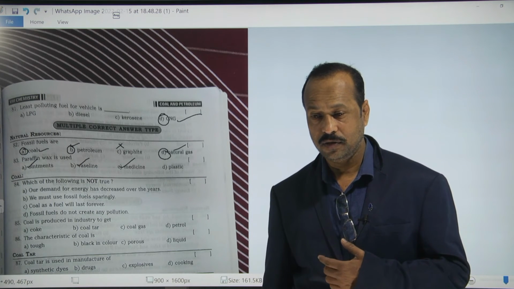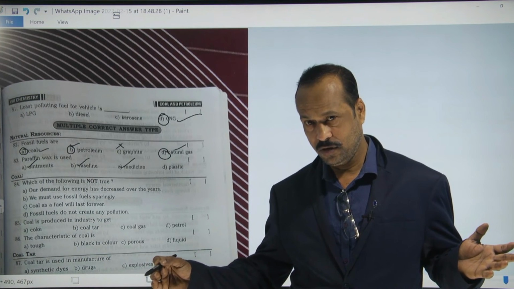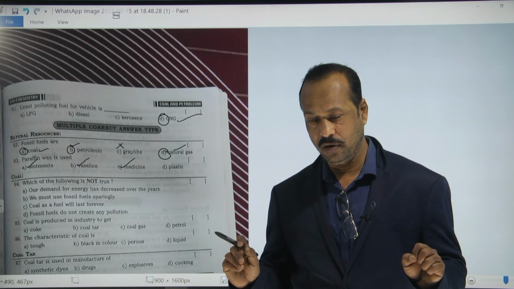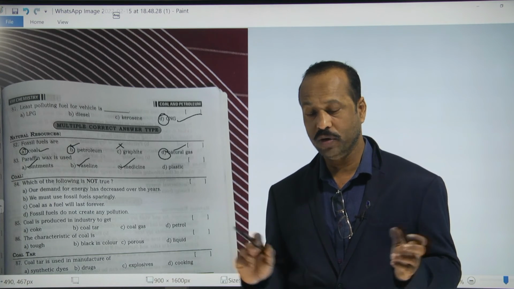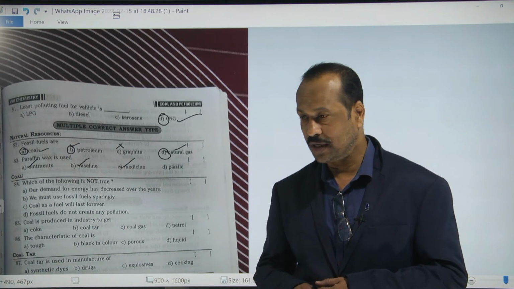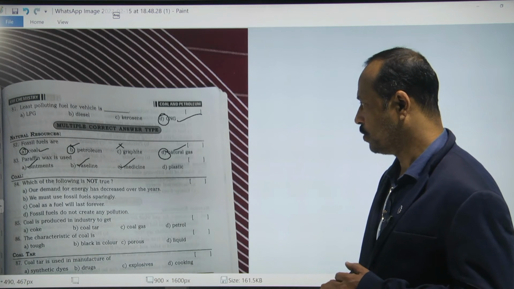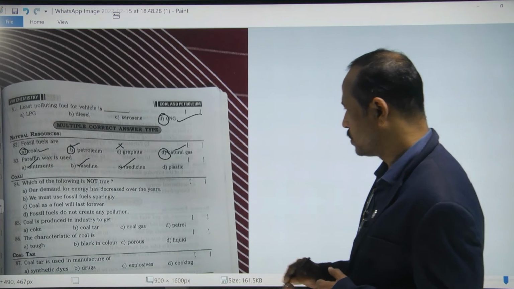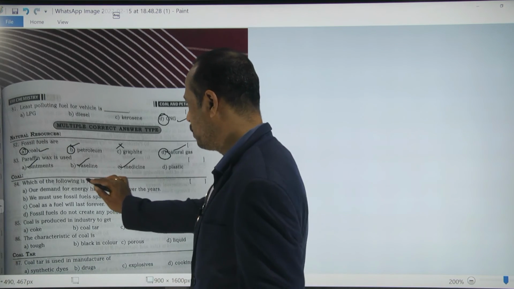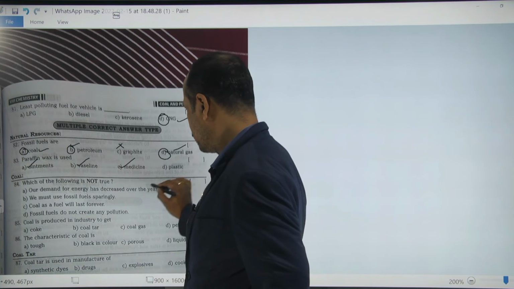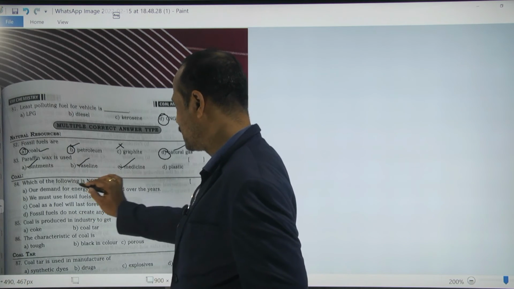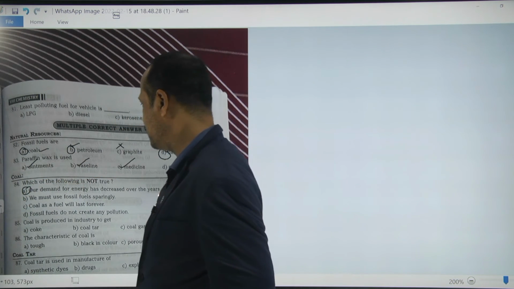Increasing. As the population is increasing, we need more petrol, more diesel, more energy. So saying energy is decreasing is not true, and we have to find that only, so we can give this as a correct answer.